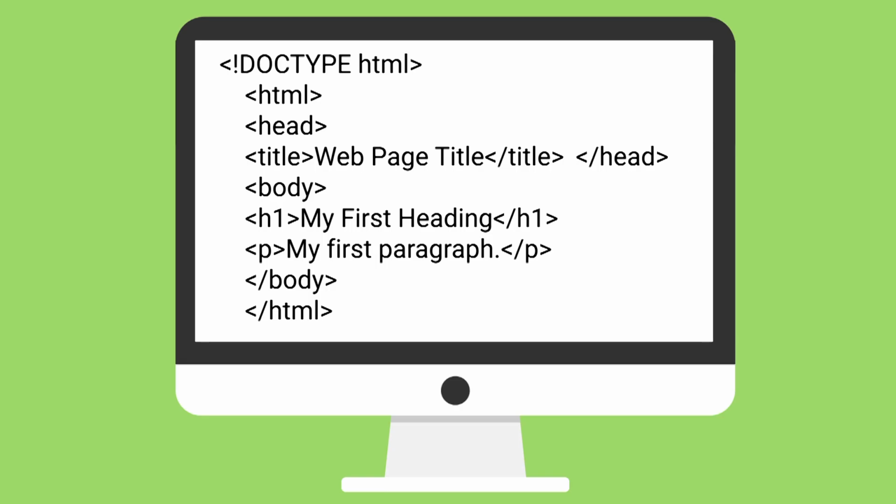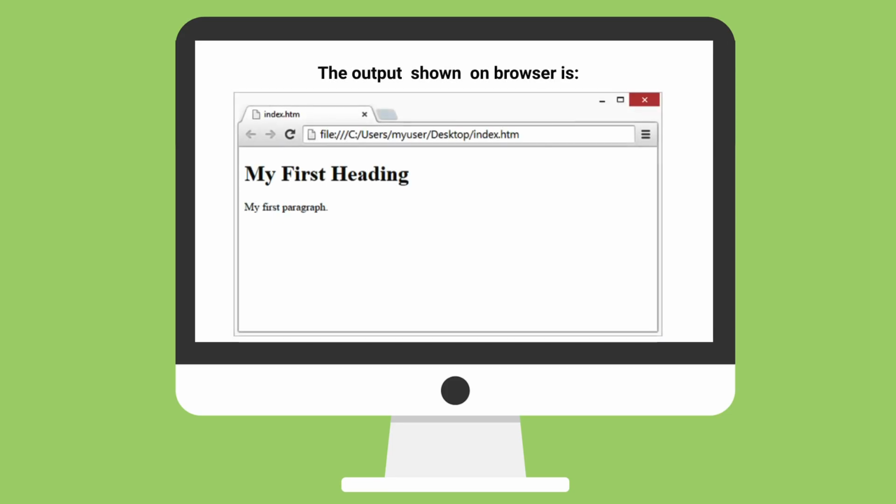If you run this script, you can see the output on the right-hand side. My First Heading is displayed as applied here. Similarly, the paragraph is shown as just one line, but if you type more text, it would appear here. So this is the simple explanation of a simple HTML document.